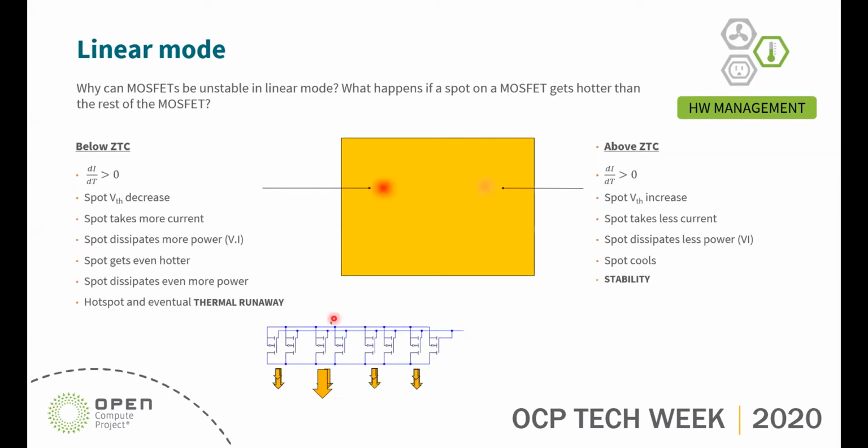So if a cell, which is represented here as a MOSFET, does have a bit more current due to process variation in the actual cell itself, the more current it draws, the hotter it gets. And as I showed with the graph earlier, the hotter it gets, the less voltage it needs to draw more current. It gets into this vicious cycle where it ends up with thermal runaway, and it causes a hotspot.